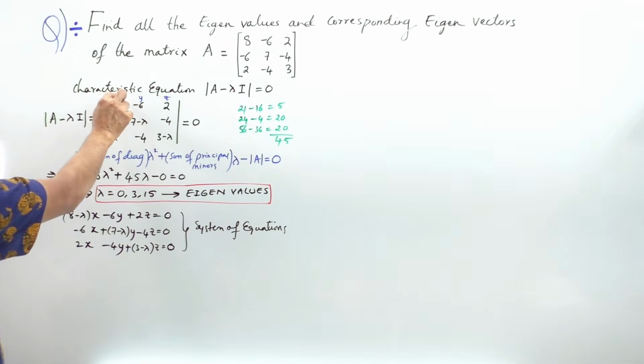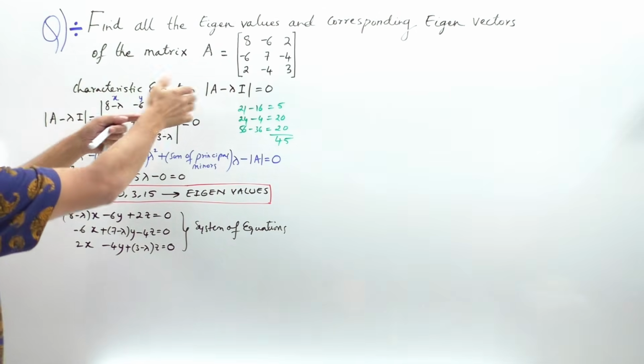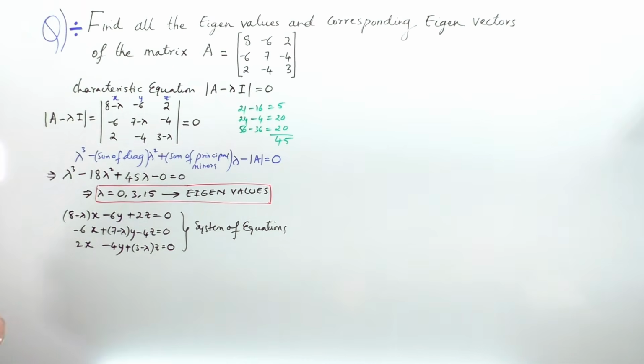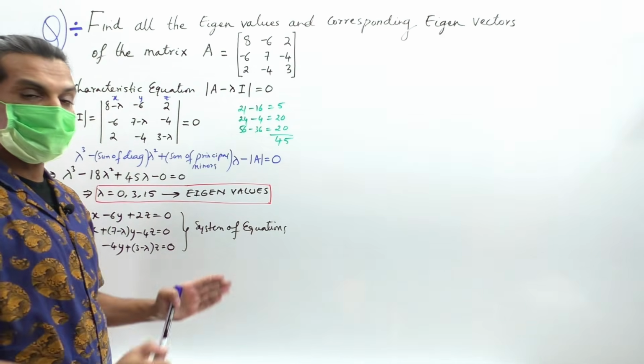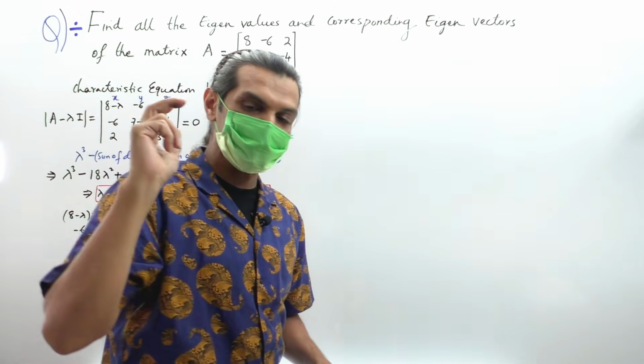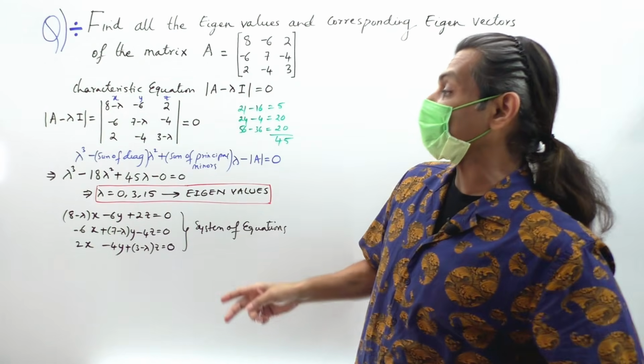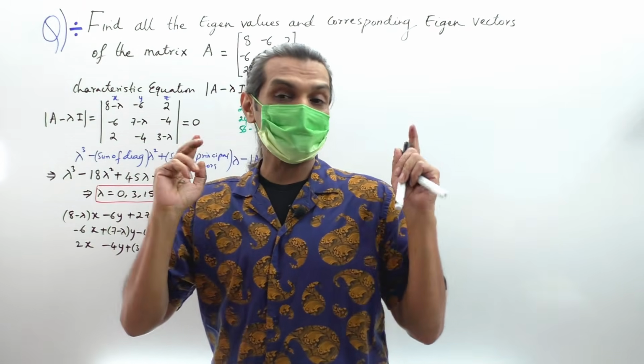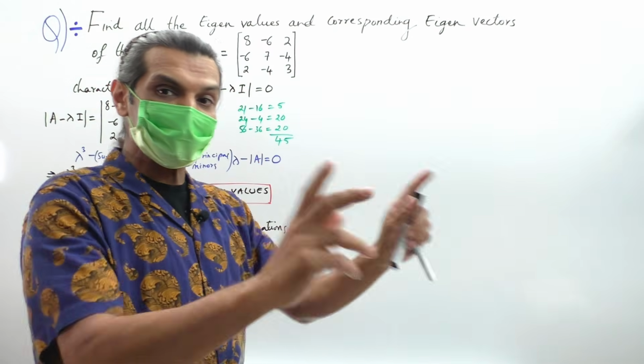Now I derive from this. Okay, because each column represents x, y and z. Fine. Now how am I going to make use of this to find the eigenvectors? Listen carefully, watch here. So we have three cases. The eigenvalues are lambda is equal to 0, lambda is equal to 3 and lambda is equal to 15. For each eigenvalue there is a corresponding eigenvector.